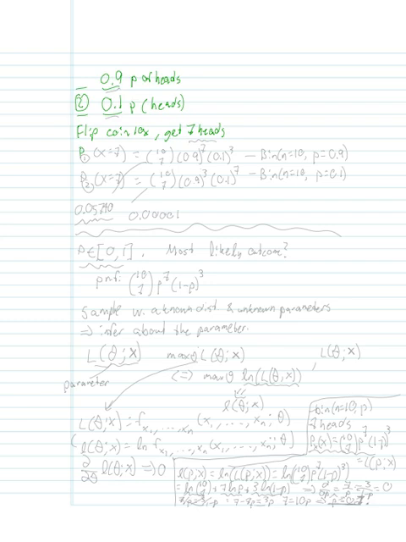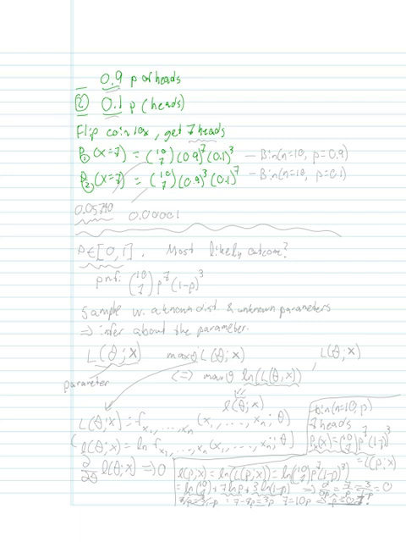We could write probability under coin 1 of x equals 7, where x is the number of heads, is equal to 10 choose 7 times 0.9 to the 7th times 0.1 cubed, while probability under coin 2 that x equals 7 is equal to 10 choose 7 times 0.9 cubed times 0.1 to the 7th.